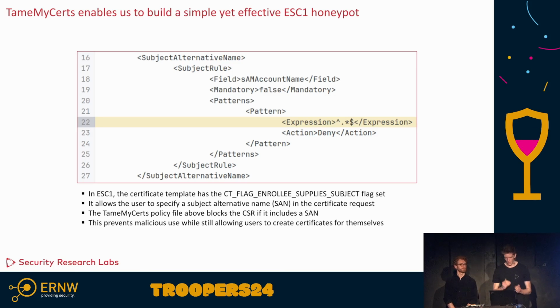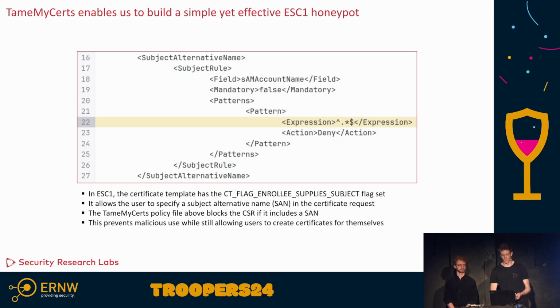Quick recap: ESC1 is based on a flag that is set in the certificate template, which enables the requester to specify a subject alternative name in the certificate signing request, which would then result in a certificate that is also valid for other accounts, like the domain controller or domain admin.